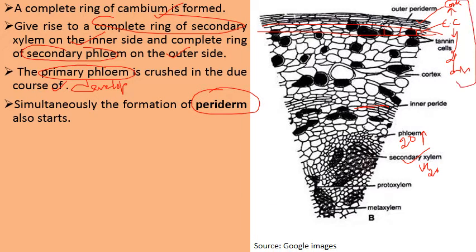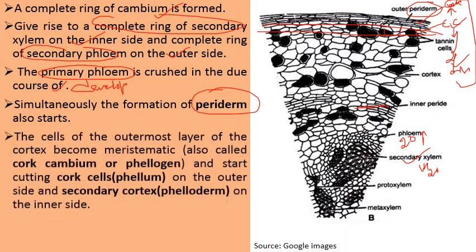These three structures, cork cambium, cork and secondary cortex, form the periderm. The cork cambium is also called phellogen, and it cuts cork cells, commonly known as phellem, on the outer side and secondary cortex, which are parenchyma cells also called phelloderm, on the inner side. These three structures give rise to the periderm.